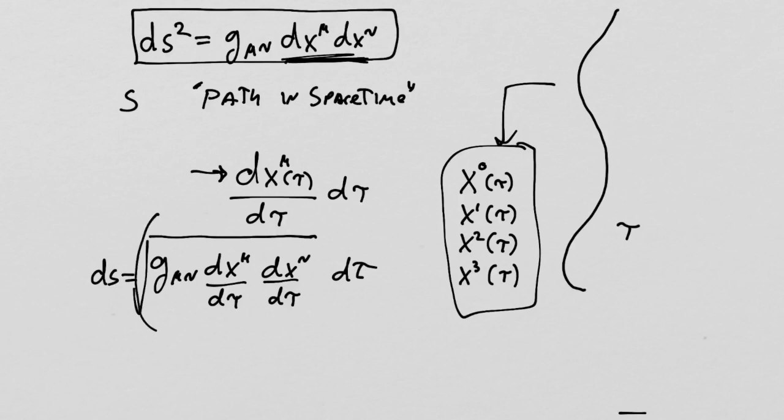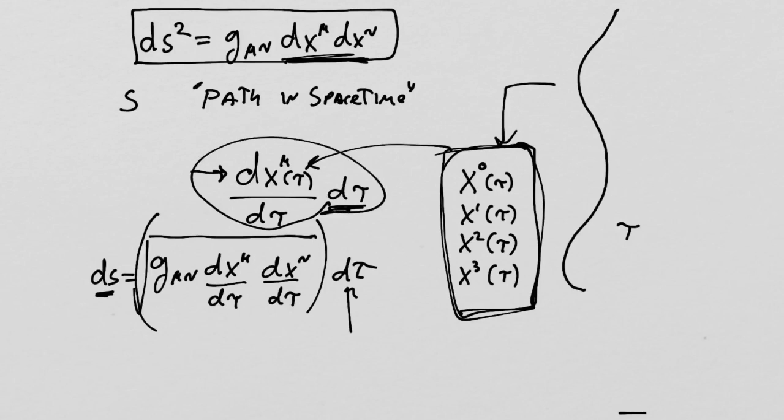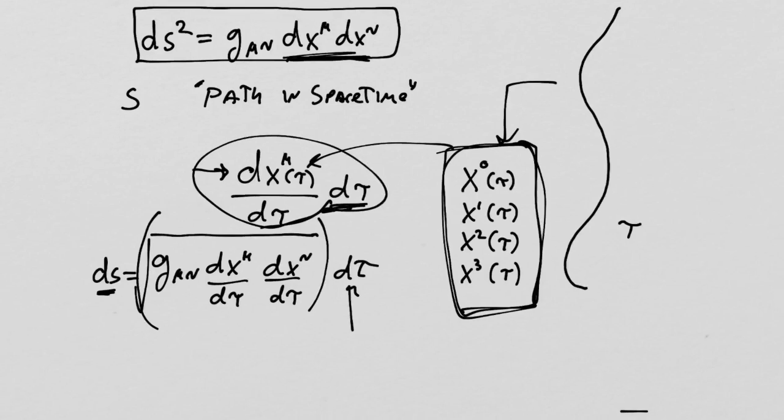So the infinitesimal distance along the path is the square root of this thing with the parameterization now on the outside. And you have to be able to do this because otherwise you don't know what the path is unless you know this parameterization. And once you know the parameterization, you definitely can take its derivative and get this expression to be known, and then you can take the square root of it without any problem.